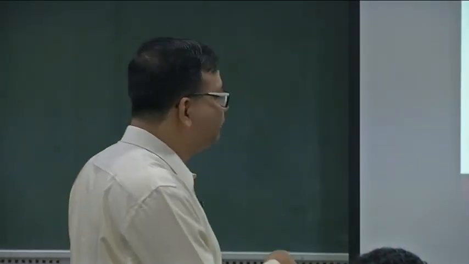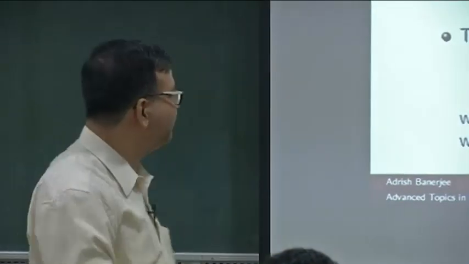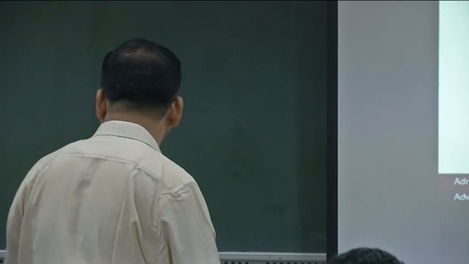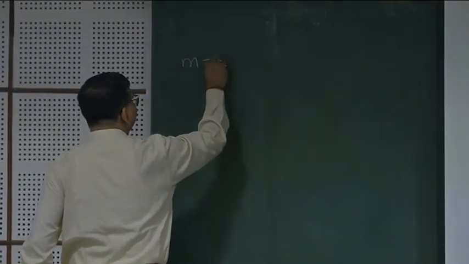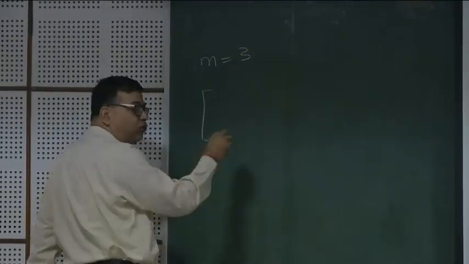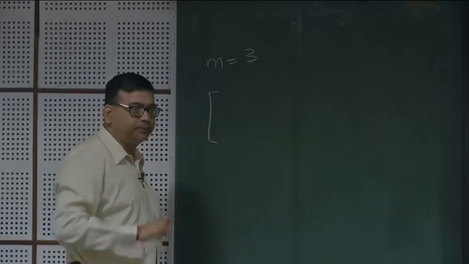So, it is very easy to remember the parity check matrix of the Hamming code. Once you fix your m, you put in all m tuples. For example, if I fix my m to be 3, then I enumerate all possible 3 tuples.